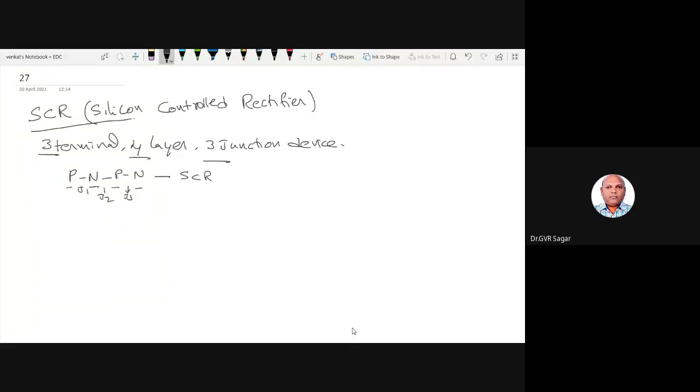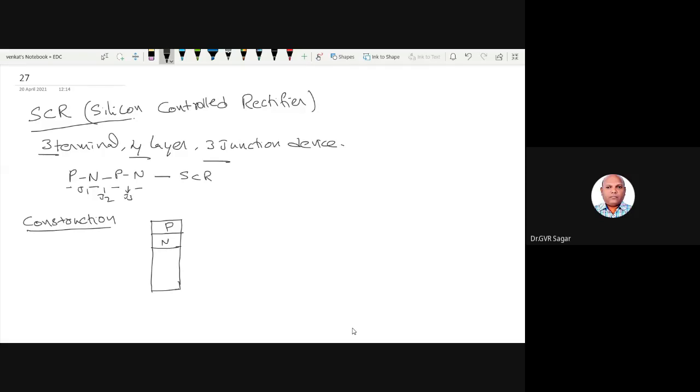Coming to the construction. This construction generally uses a germanium or silicon semiconductor, taken according to the requirement. Here I need first a P layer, right? To make the P layer, a trivalent impurity is added up to this region. Followed by this, an N region is formed.